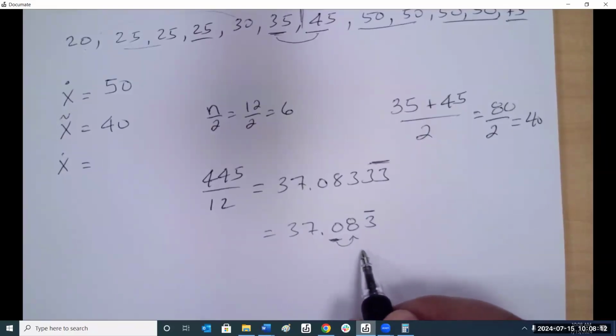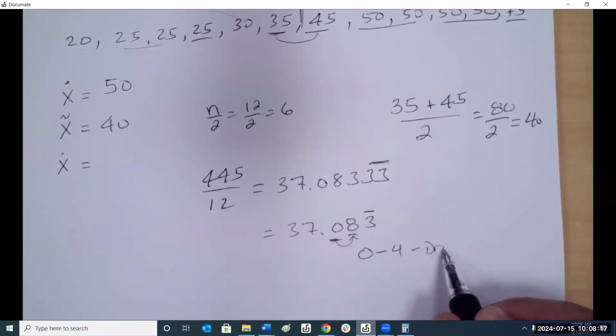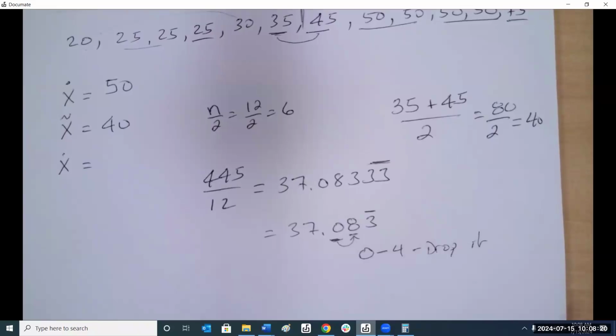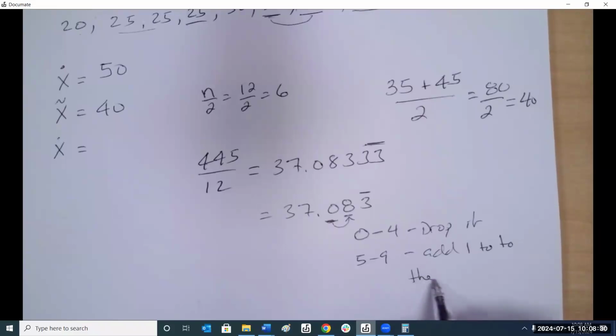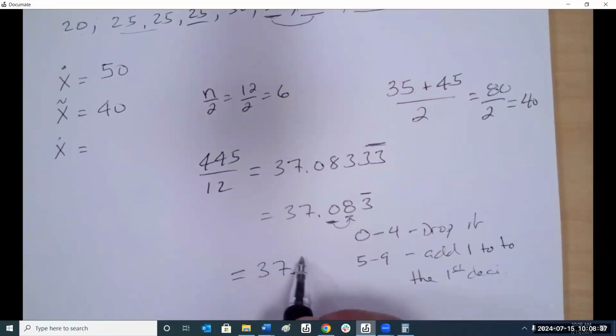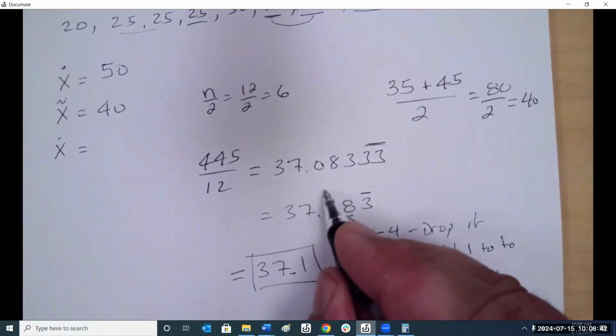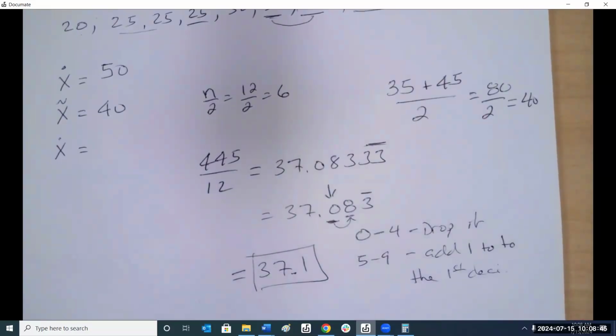If that number is between 0 and 4, just drop it. If it's between 5 and 9, then add 1 to the first decimal place. So we come up with 37.1. That's our answer. That's a rule of thumb that we have.